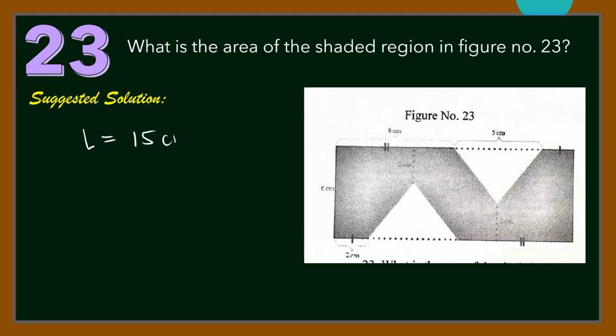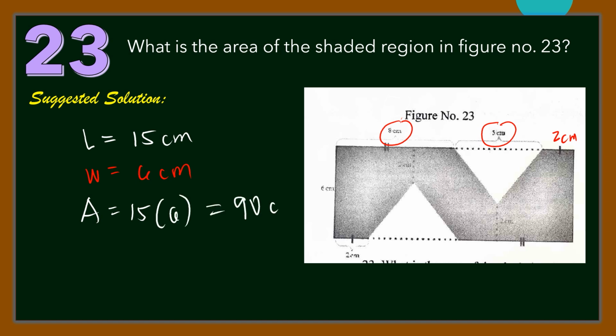We have 8 centimeters plus 5 centimeters, and this is equal to 2 centimeters. Also, the width is equal to 6 centimeters. Then the area of the rectangle is equal to 15 times 6 centimeters. That will be equal to 90 square centimeters.